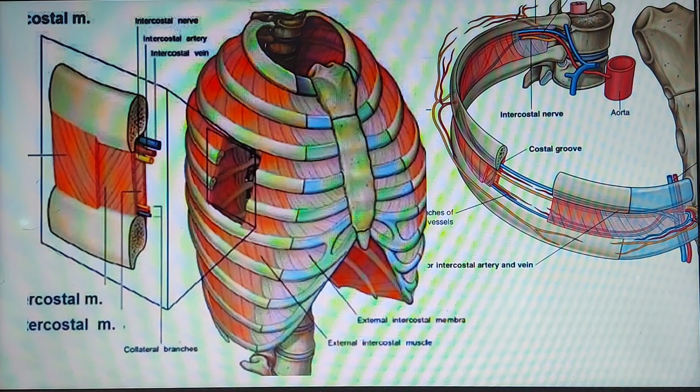Here is the posterior intercostal membrane. So these are the modifications of these muscles, and in this intercostal space we can see some vessels and nerves. Superiorly there is the vein, in the middle there is the artery, and there is the nerve. So in mnemonics we can call it vein, artery and nerve.